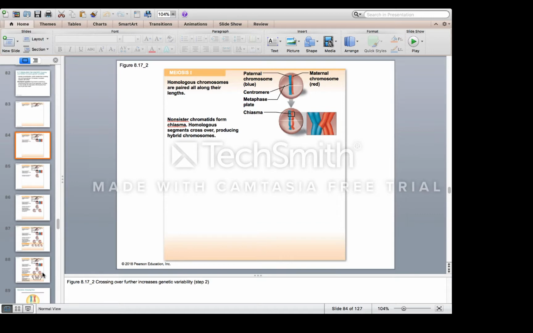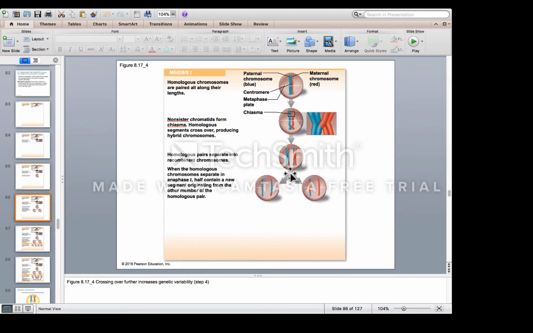If I cut off my arm and gave it to the other guy and we swapped arms, this chiasma produces a hybrid chromosome. They start to reassemble and recombine, the blue and the red start to split, and you can see the separation of the chiasma, which increases genetic variability.